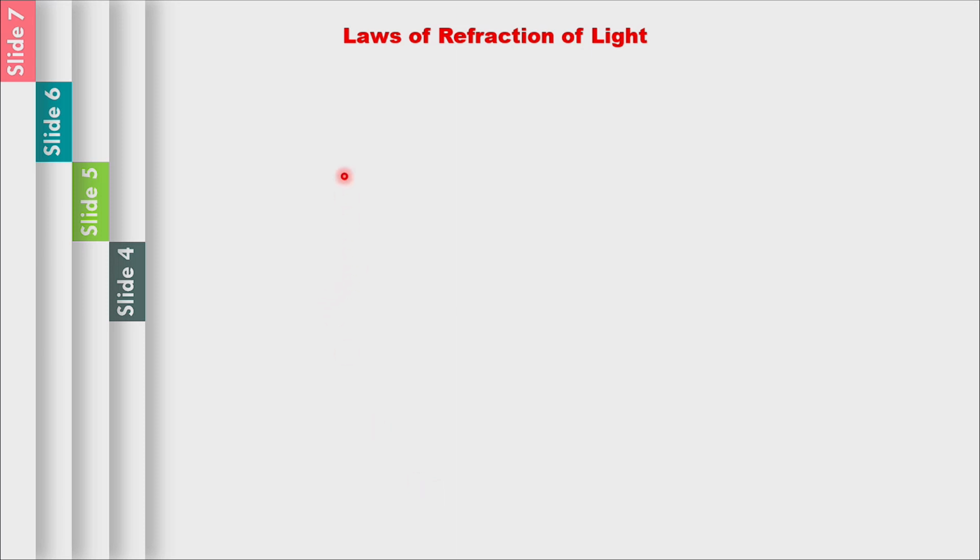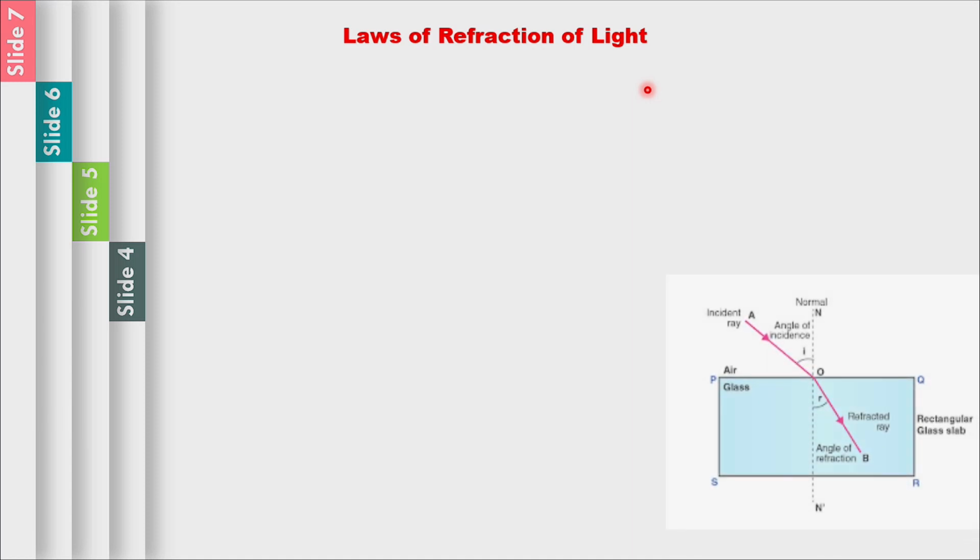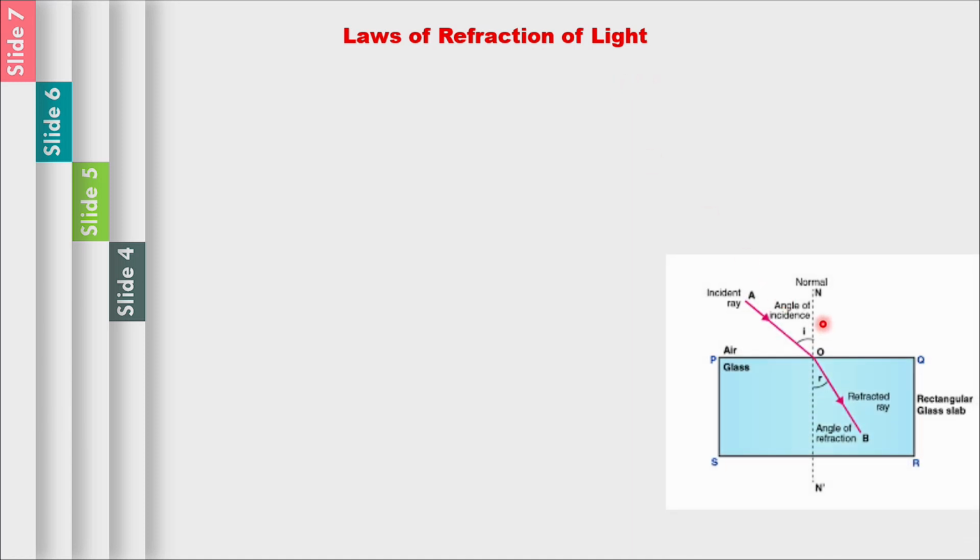So now let us discuss the law of refraction of light. Let us observe the same diagram. Here OA is the incident ray. After refraction, it is bent towards the normal, that is the refracted ray OB.